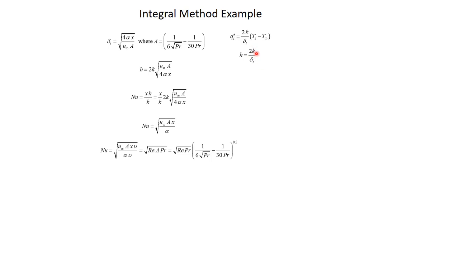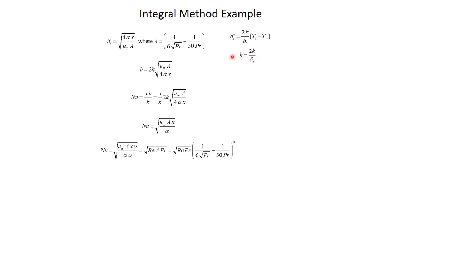So apparently, according to the temperature distribution we're using here, the effective distance that I have to conduct through the boundary layer is delta t over 2. When delta t is very small, my heat transfer coefficient is very big, and as delta t grows, I get a smaller and smaller heat transfer coefficient.